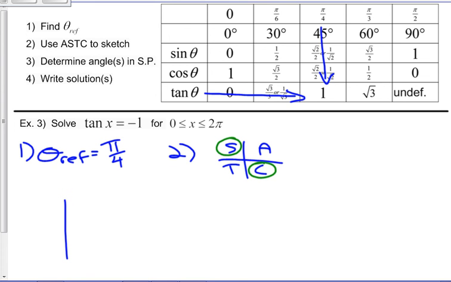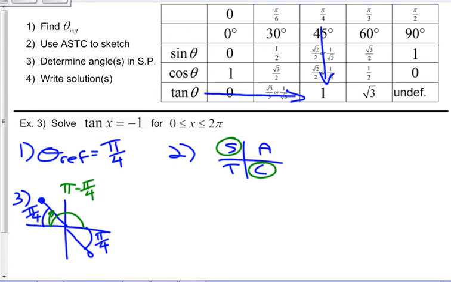Okay, now let's draw that reference angle. So pi over 4 right here, and pi over 4 in quadrant 4. Finally, find those in standard position. So I would think of this first one as pi minus pi over 4.